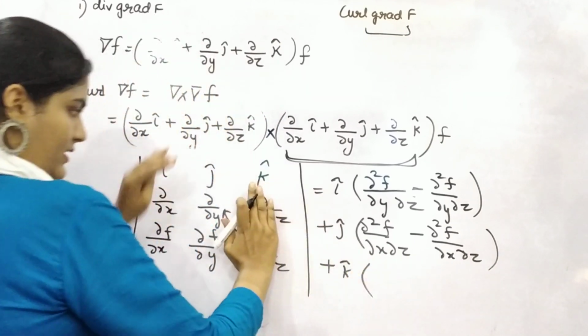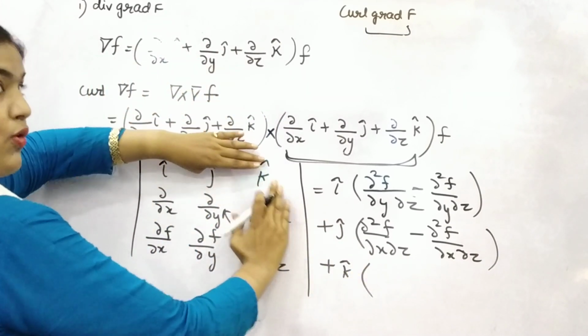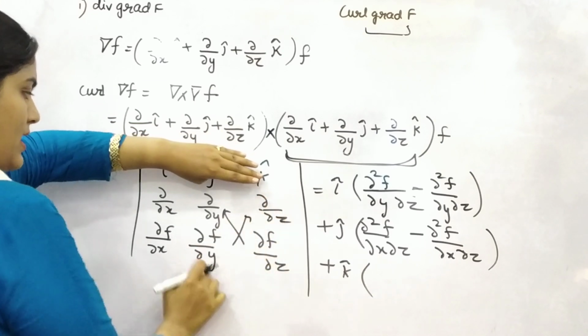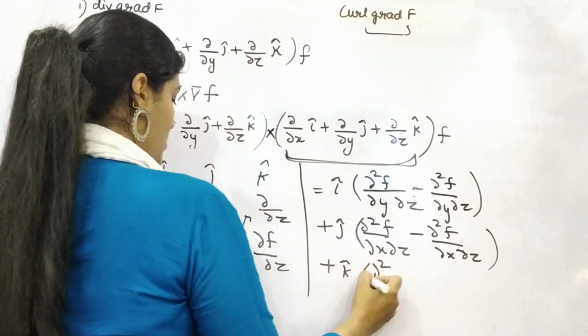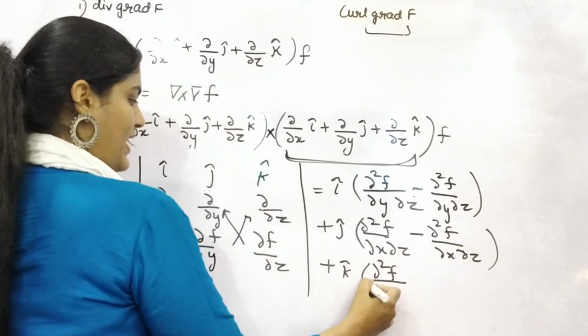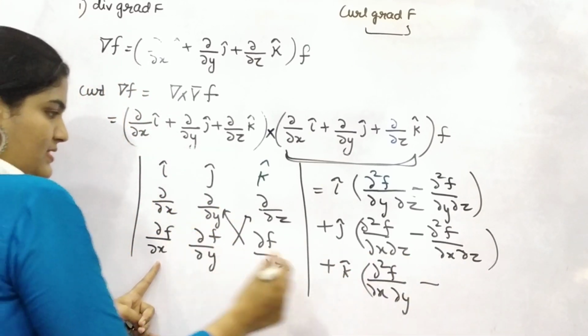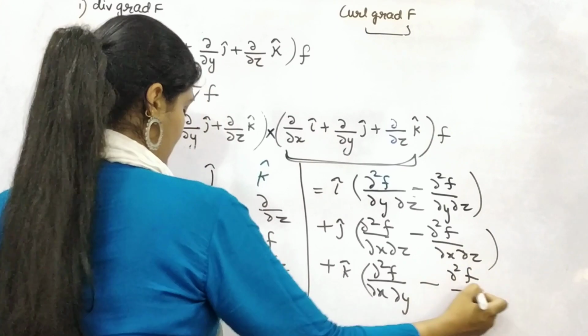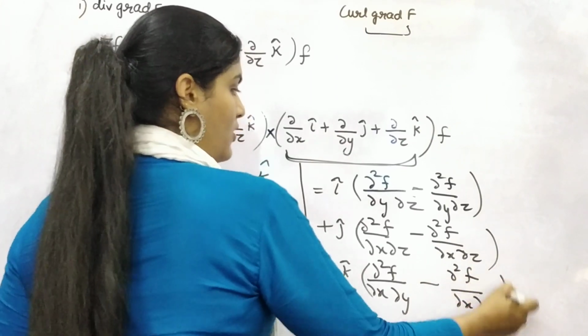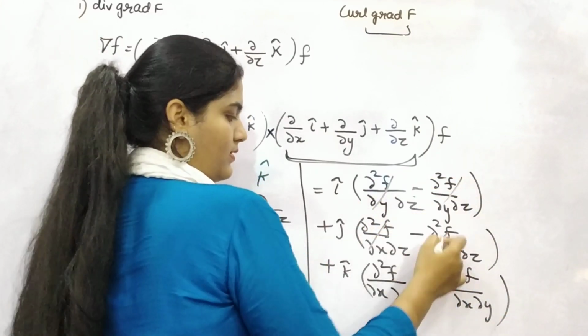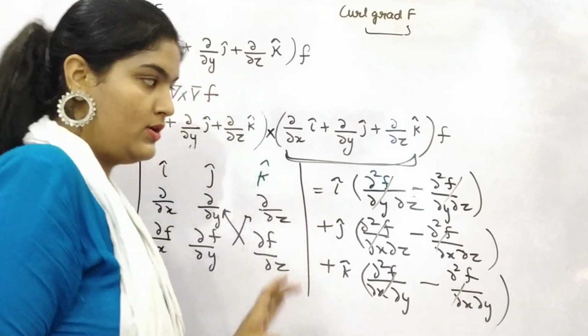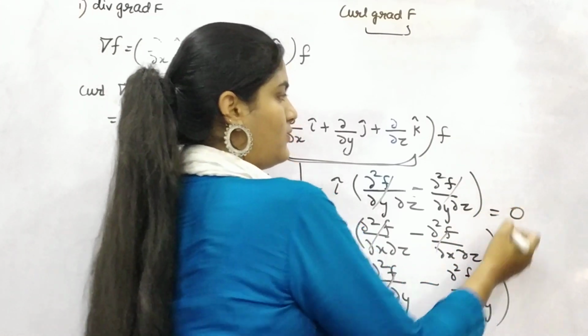And the k factor: now hide the row and column in which k exists. Double differentiation of f with respect to x and y minus double differentiation of f with respect to x and y. You can see all these terms are similar, so it will result in 0.